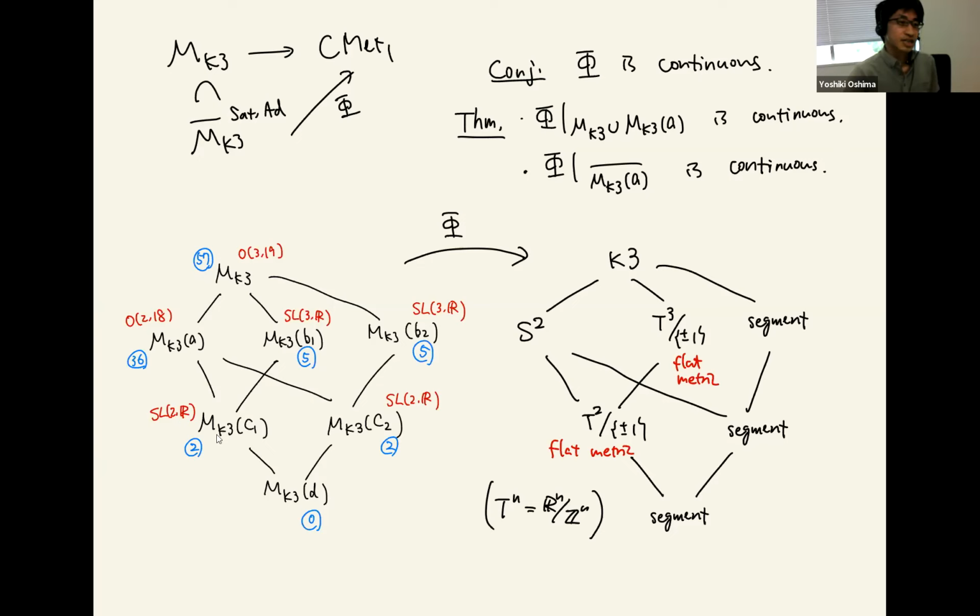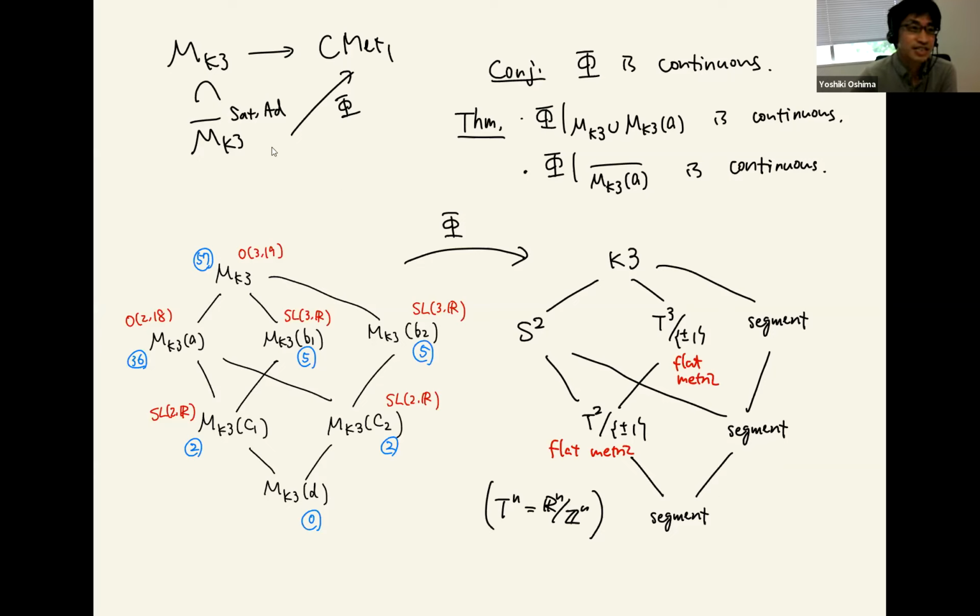And for MK3C1, this is attached to a 2-dimensional flat torus modulo multiplication by -1. And for the other strata, we attach segments.